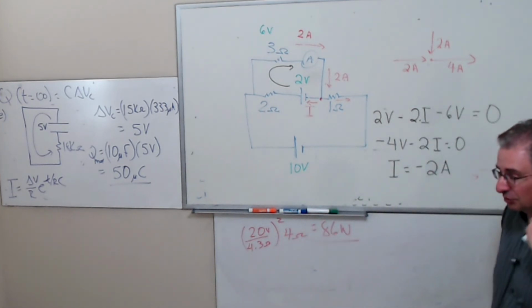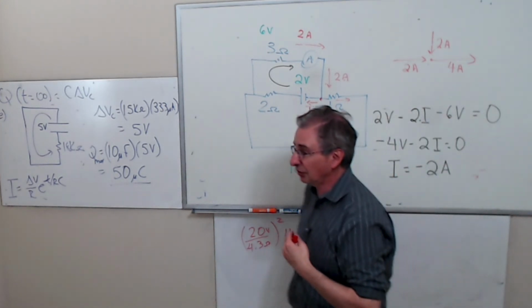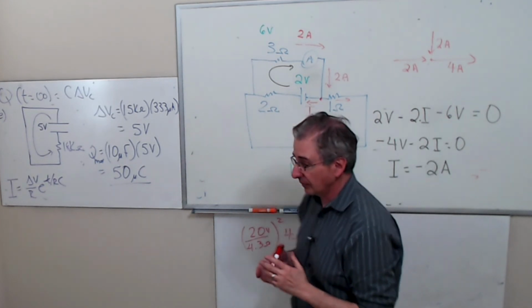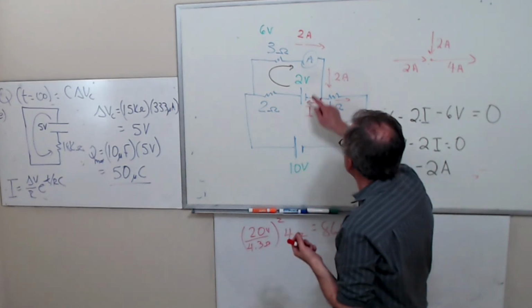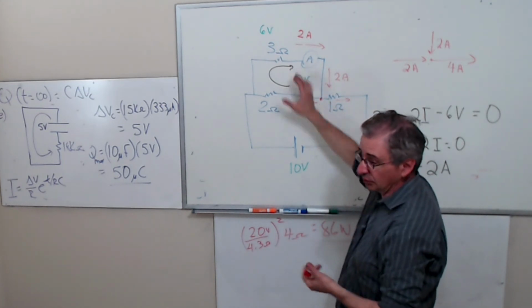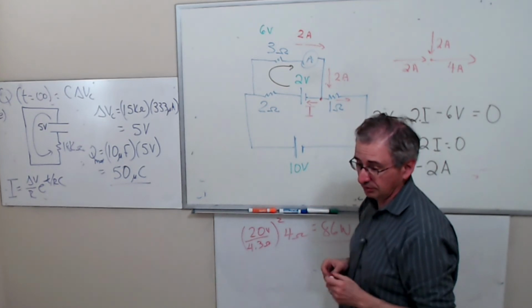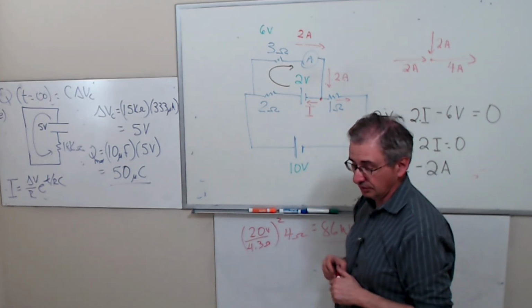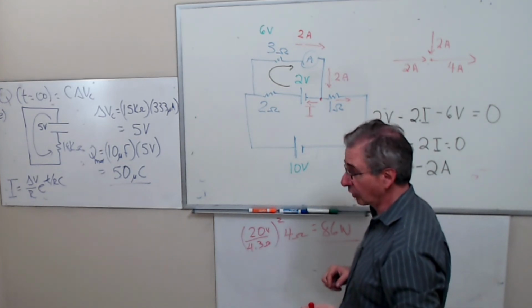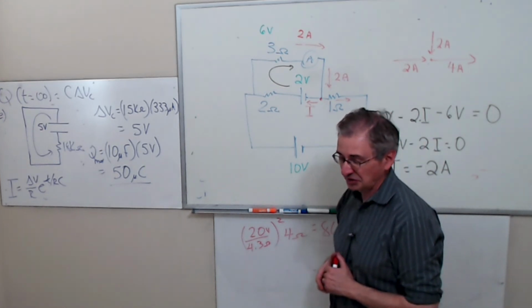So don't get into a formulaic way of doing all the problems. Just be careful, because if I have enough information in one loop, then that's all I need to do. You could have done it your way, and it would have worked. You just have to not make a mistake.